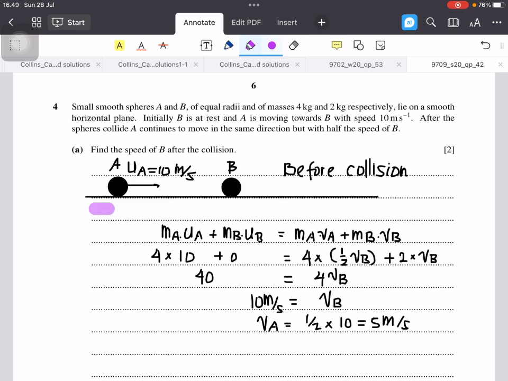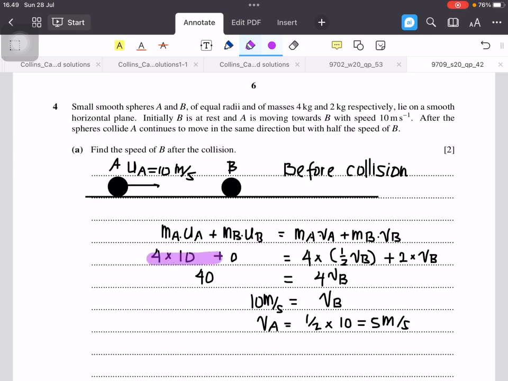So this is the diagram of particle A and B before collision. We are going to apply the momentum conservation. MAUA plus MBUB is equal to MAVA plus MBVB.